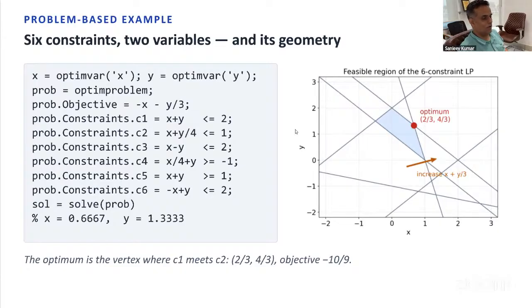And all these are satisfying. So this is the feasible region. And you know, the feasible region of an LPP is always a convex region, a convex set. And you can see from here, it is a convex set, and the optima will lie on a vertex.